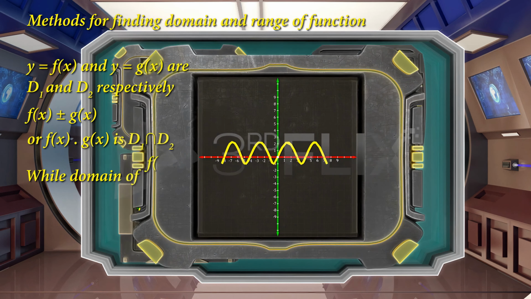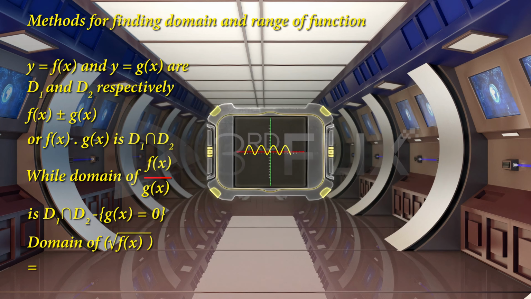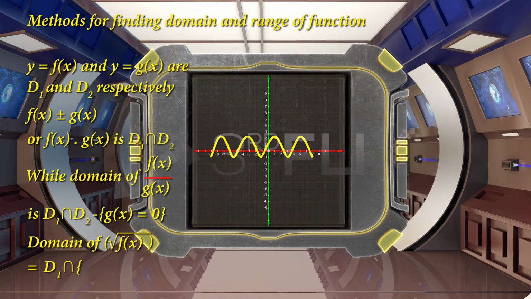While the domain of f of x upon g of x is D1 intersection D2 minus the set of g of x equals 0. Domain of root of f of x equals D1 intersection the set of x such that f of x is greater than or equal to 0.